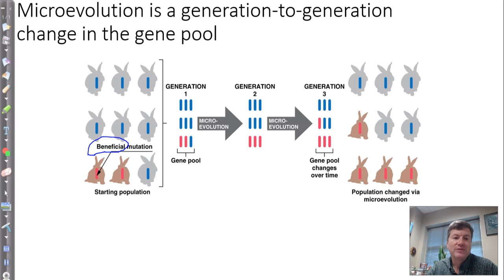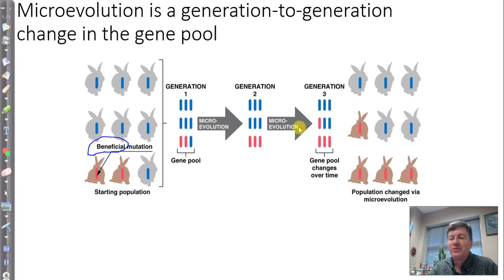This is evolution, and in this case, we're assuming it's by natural selection. That is, the beneficial form was favored, and the other form was not favored. And over time, we see a shift in the gene pool.